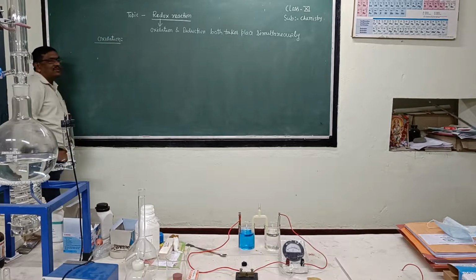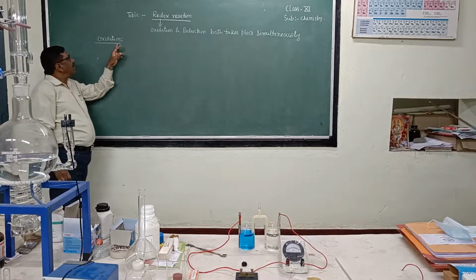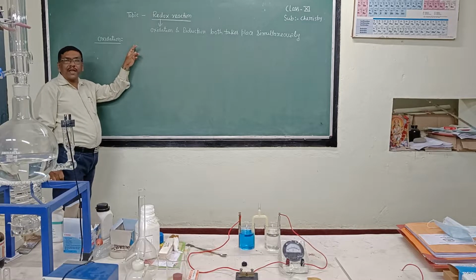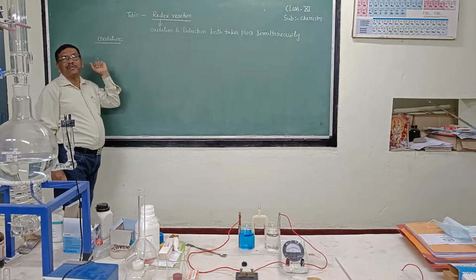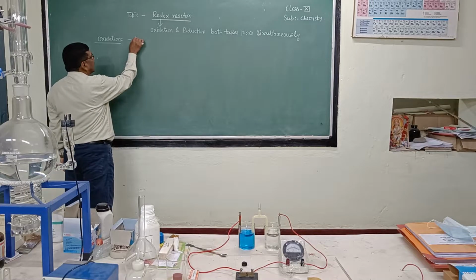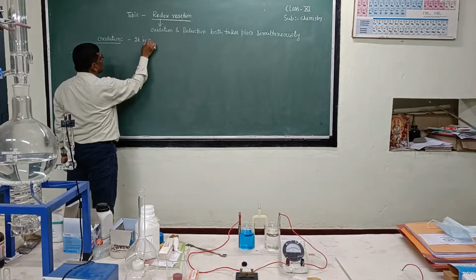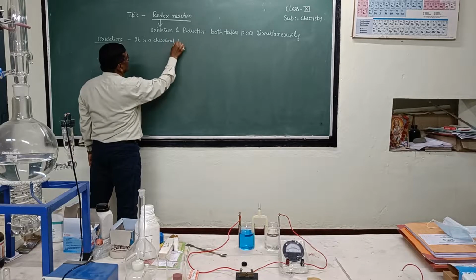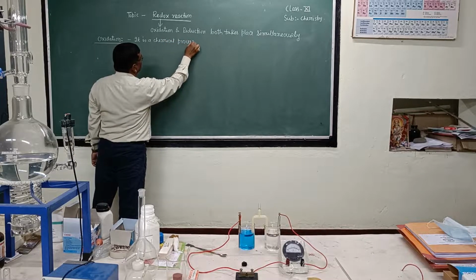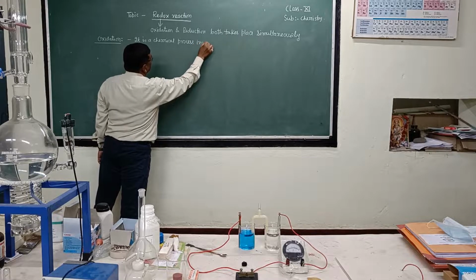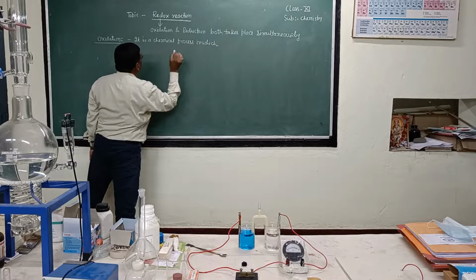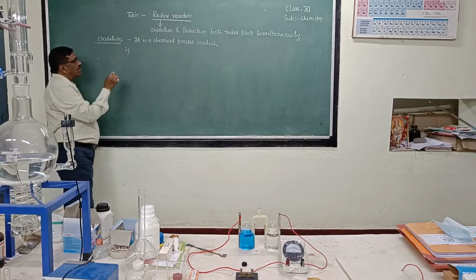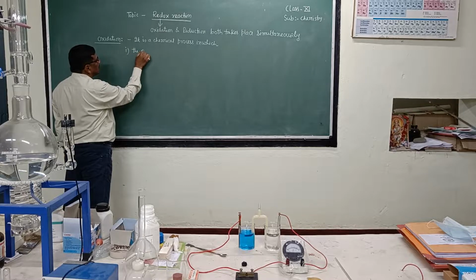In the lower class we have studied oxidation. So oxidation is defined in five different ways. It is a chemical process in which the addition of oxygen takes place.